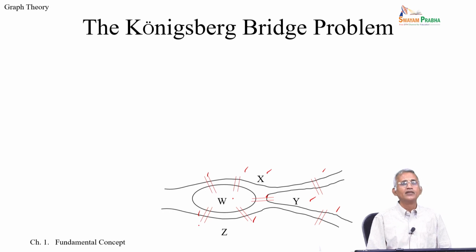Like that we have to cover all the 7 bridges. Is it possible? The problem is very difficult. This problem was solved by Euler, and that is why it is called the Königsberg bridge problem.